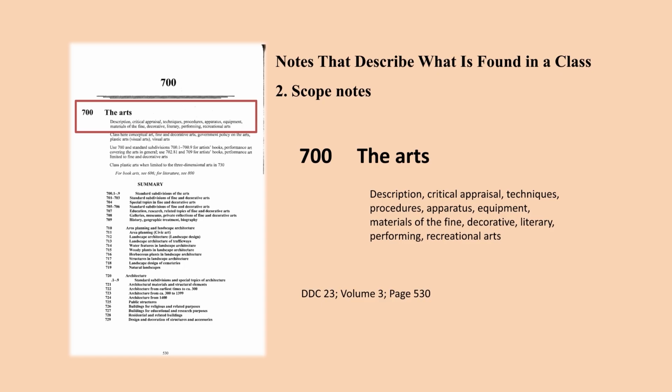Means all the concepts that we have mentioned here will all come under the arts. That is, description of arts, the critical appraisal of arts, the technique or procedure of arts, all comes under this particular class number. So the note defines the scope of a particular class.